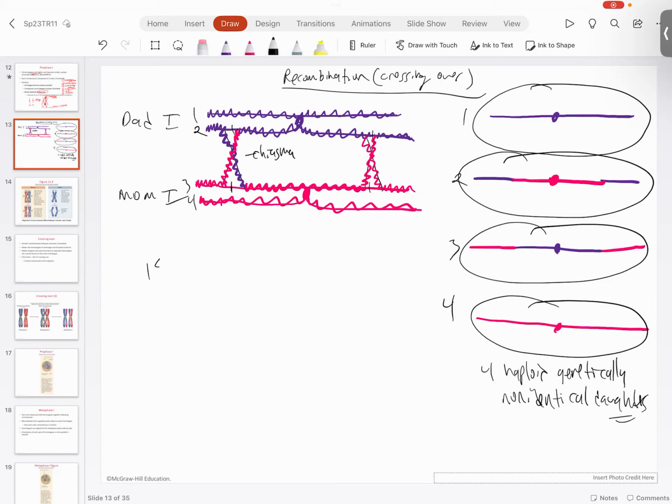Numbers 1 and 4 look like the parents, right? 4 looks a little like mom 1. 1 looks a little like dad 1. So these are what's referred to as the parentals. 2 and 3 look like a combination of the two, right? These are what's called the recombinants. They've been shuffled.